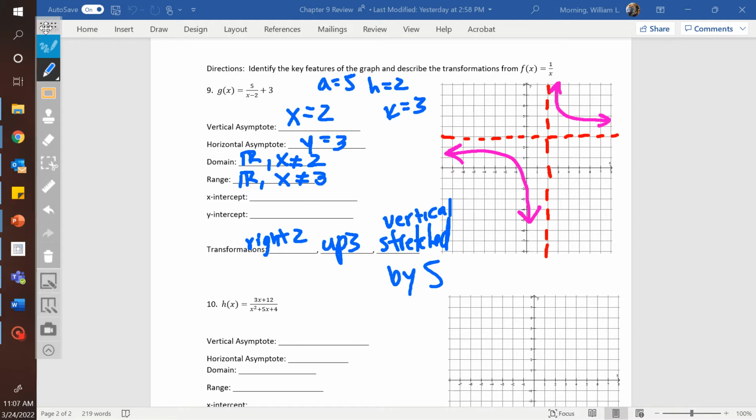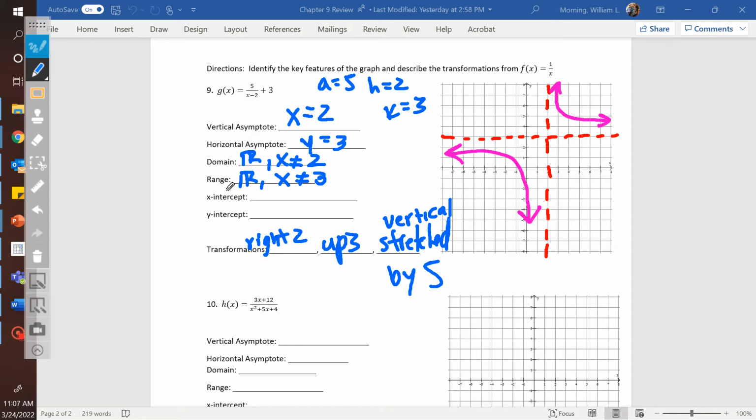My x-intercept, you can find your x-intercept by plugging in 0 for y, and you can find your y-intercept by plugging in 0 for x. So let me do the y-intercept first. So I'm going to plug in 0 for x. So 5 over negative 2 plus 3. Negative 5 halves plus 3, which is 0.5, or 1/2.